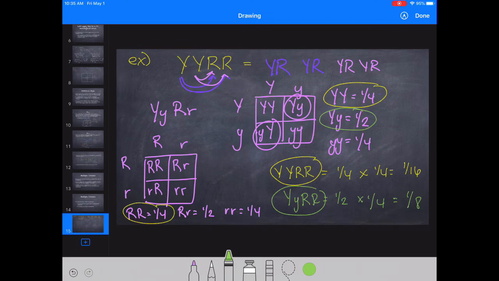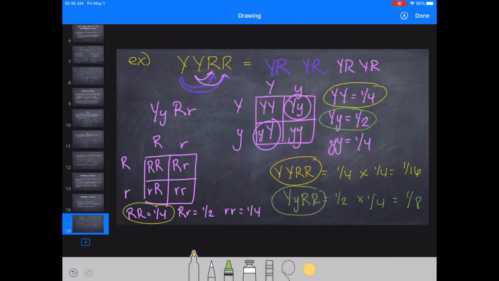So the main thing that you have to remember with multiple crosses is, even though it's a little bit more complicated, you have to really split them apart and see what the probabilities of them are individually before you multiply them together when they ask you what a specific probability is of a genotype.